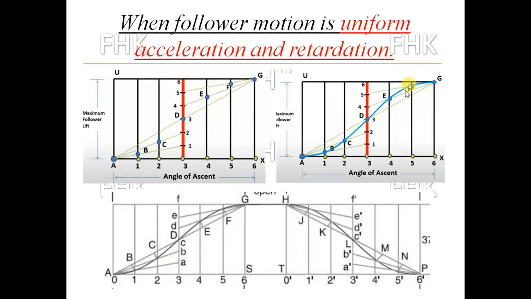This is my displacement curve when the follower has uniform acceleration and retardation motion. This part is the acceleration part and this part is retardation, and both the curves are symmetrical. Why? Because we are giving the same uniform distance for uniform acceleration and retardation also.